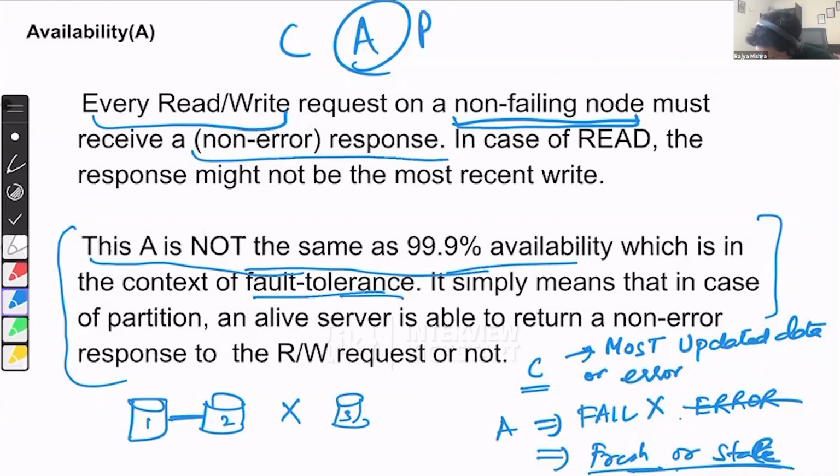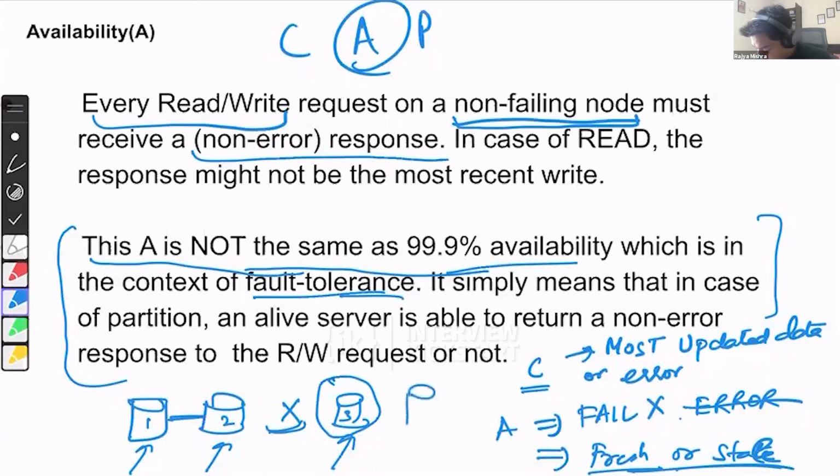So if the request goes to any of the servers, that request should be served. Even if it is possible that this database server, because there is a network partition, is giving stale data.